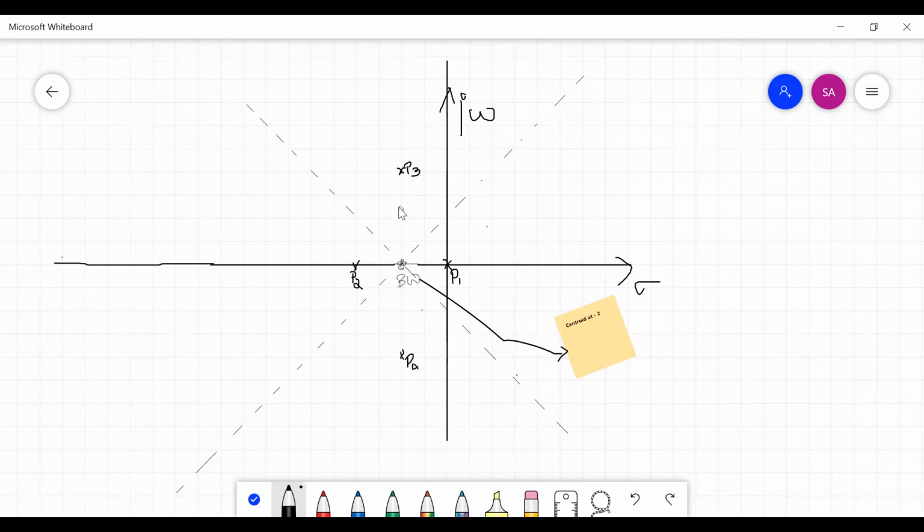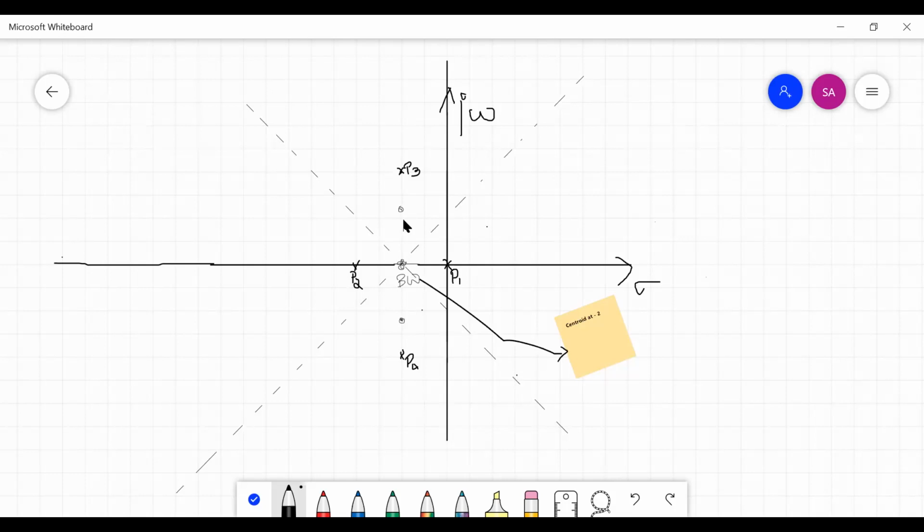I'll just mark it like this. It is less than 2.5, I have marked it as 2.45. This is another, third breakaway point. 1, 2, 3. So we have 3 breakaway points now.